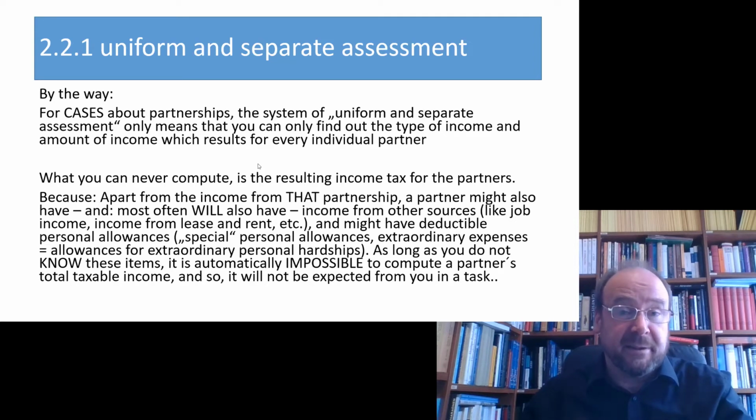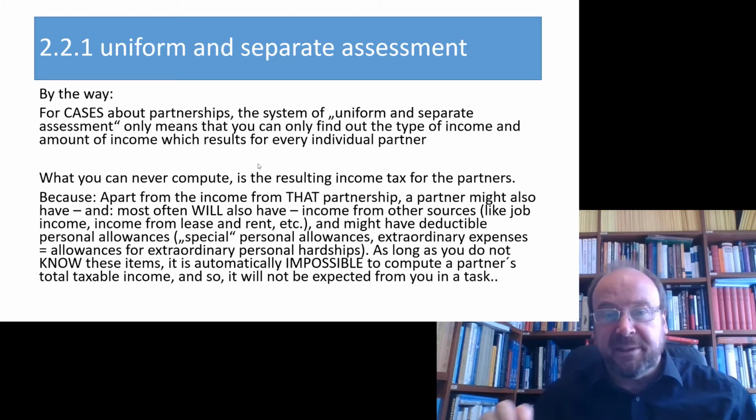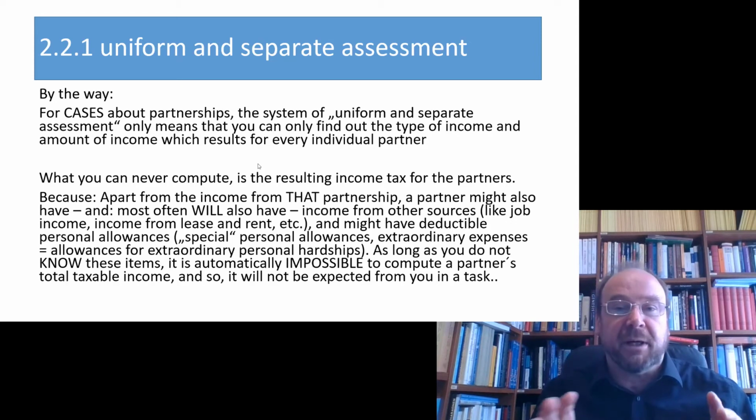You had an accident and now sit in a wheelchair, so that you need more than the basic allowance for your basic needs of life, and all that. And as long as you are not given all these details on an individual partner, nobody can ever expect you to calculate the tax for partner A.